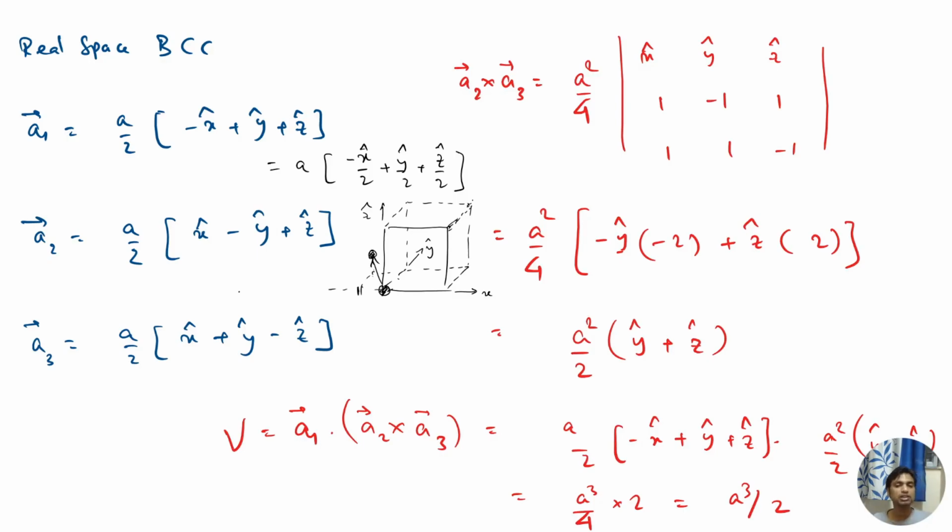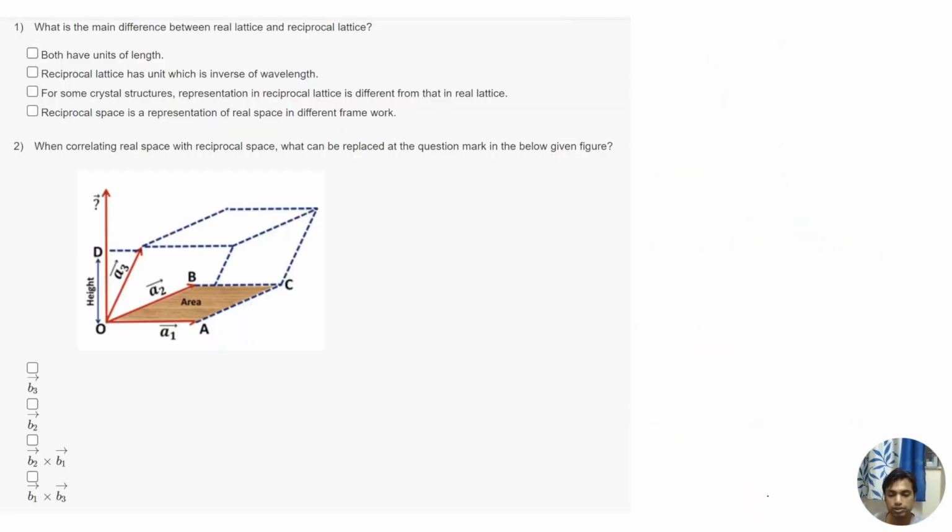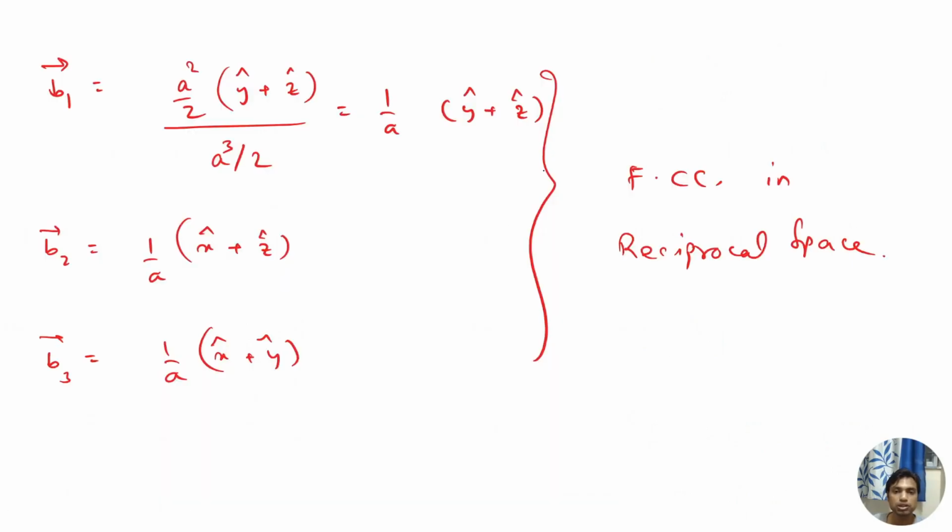Similarly, and this is a side A. So this is a BCC structure of side A. If you calculate the volume of this unit cell, it will come out to be A cube by 2. Now, if you do the reciprocal lattice, with the same calculation, you end up with these structures, and this notation is like a reciprocal spacing.